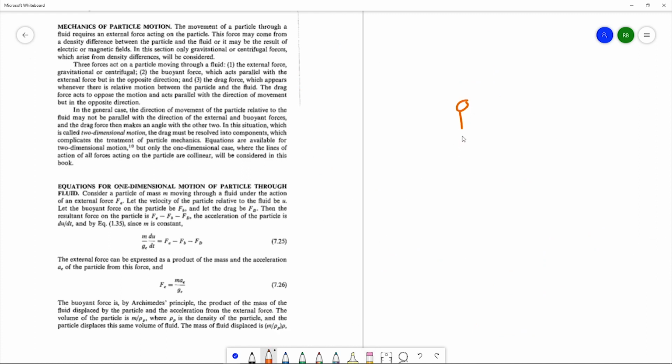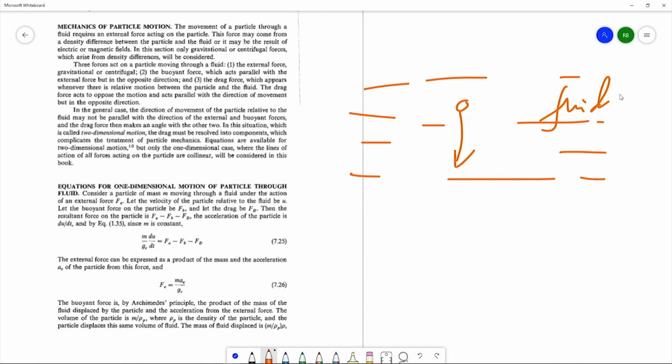Let's say this particle is inside a fluid and moving. It can be any liquid or gas. This particle is moving downward because of gravity. So this is the external force because of which the particle is moving downwards.